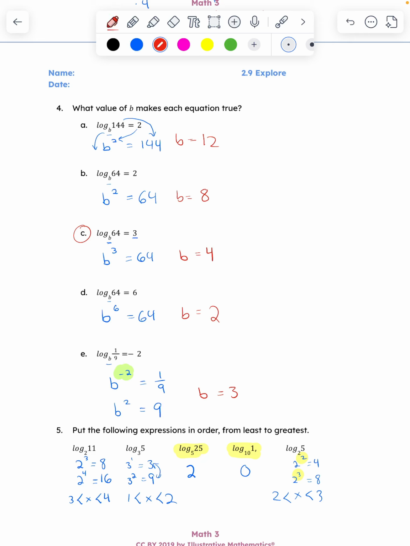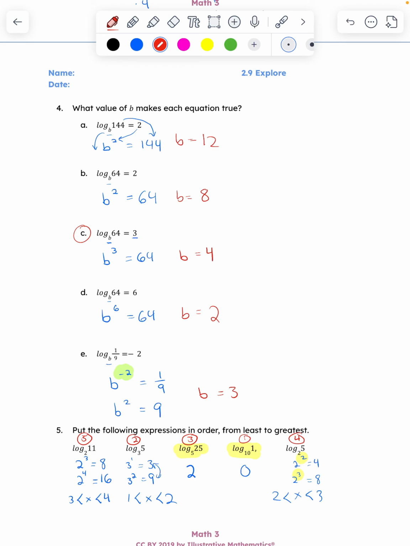My log base 10 of 1, that's my smallest. My log base 3 of 5, my next smallest. Then I hit my log base 5 of 25. Then log base 2 of 5. And my greatest is log base 2 of 11.